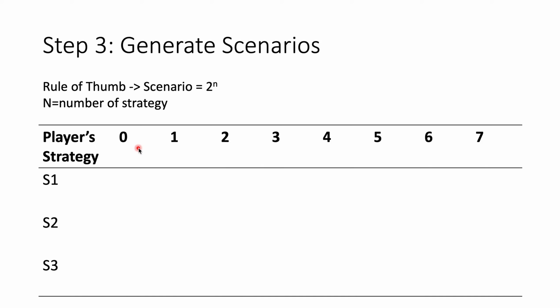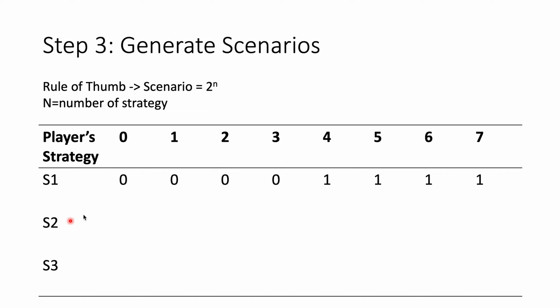To make it easier for you guys, here's a trick. You can divide it by 2 here for strategy 1, and for strategy 2 you can divide it by 4. So divide it here, here, and here. And strategy 3 you just divide by 8. What I mean is for strategy 1 you divide it by 2, so the first half you put 0 and the last half you put 1.